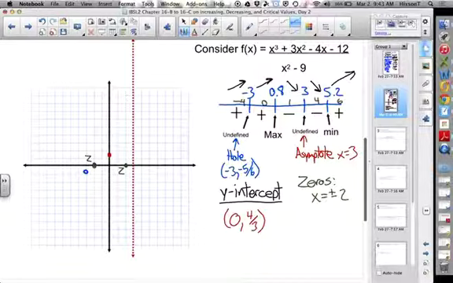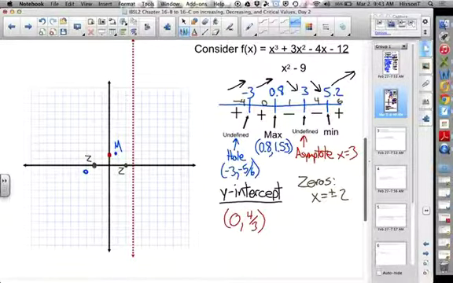What did we get for the max point? 1.53. Okay. So our max is at 0.8, 1.53. That's our max.